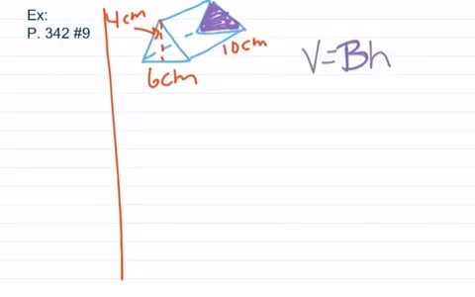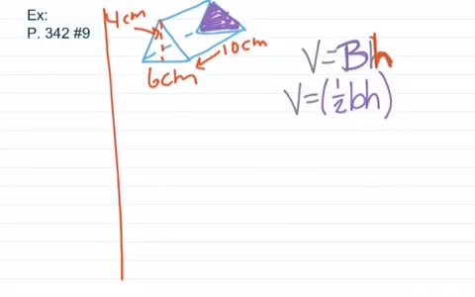We go to our formula sheet, and the area of a triangle is 1/2 base times height of that triangle. Now times the height of the prism. I'm going to make this little h a different color. My height of the prism, the distance from base to base, is going to be 10.